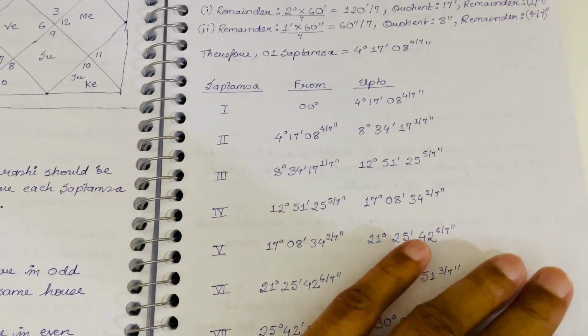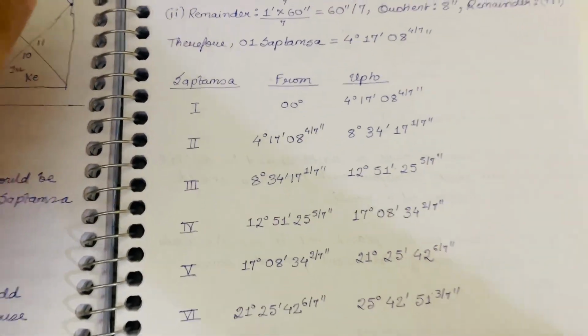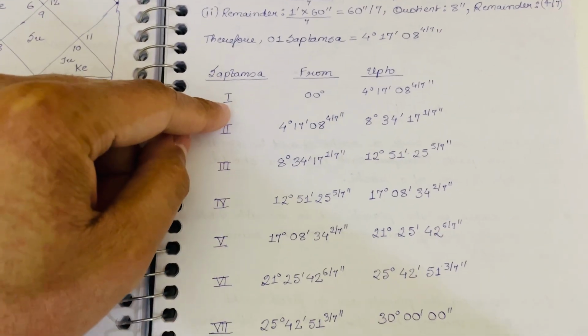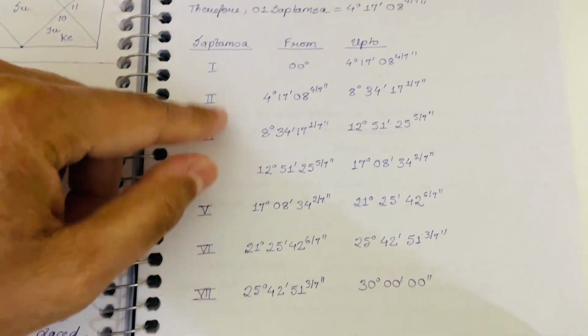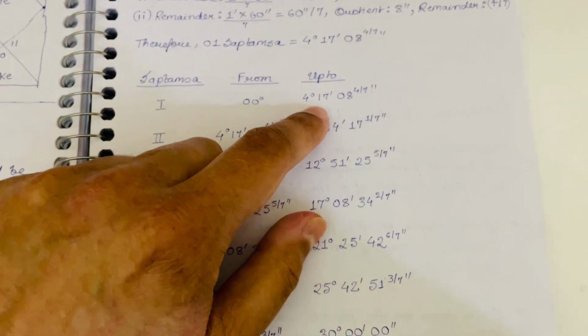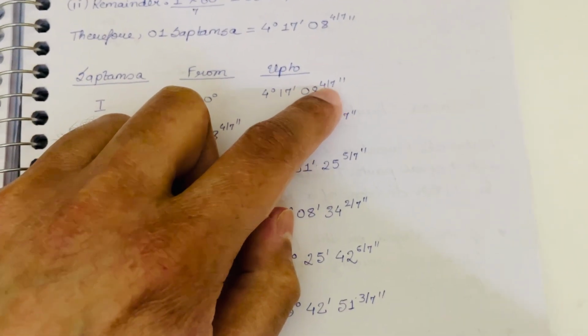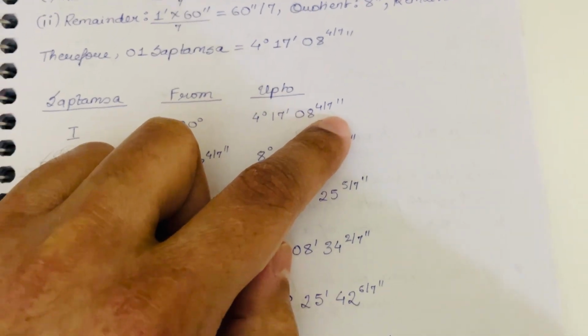This is the most authentic and correct way to remember this table. There are 7 Saptamshas. The first Saptamsha is from 0 degrees to 4 degrees 17 minutes and 0.84 by 7, or 0.847 seconds.